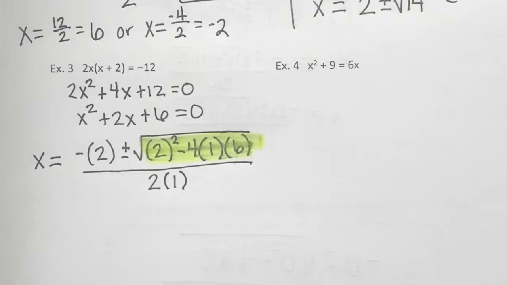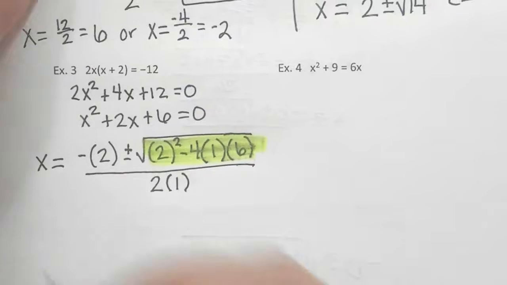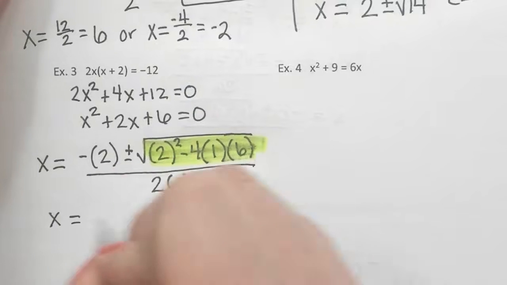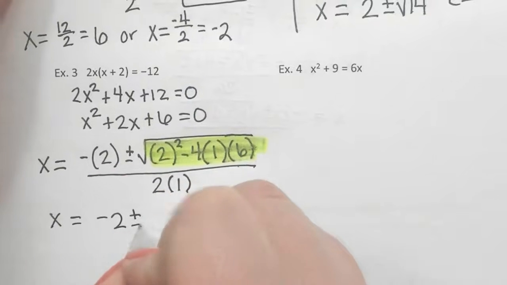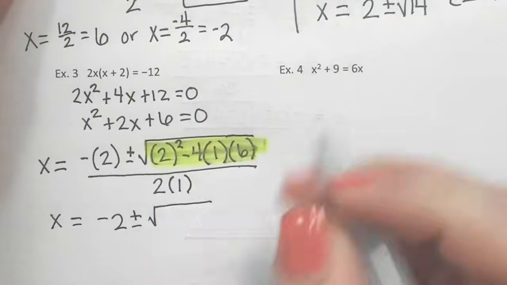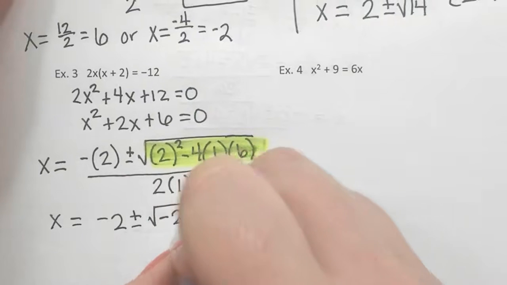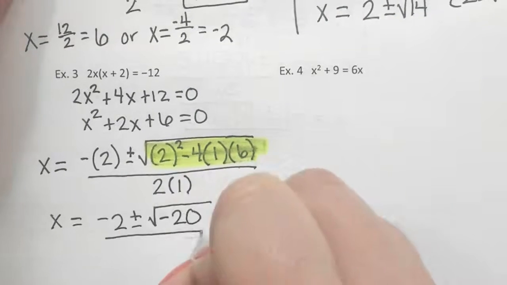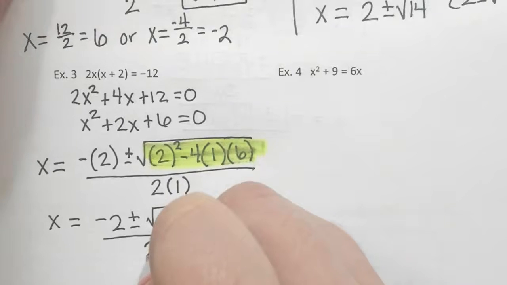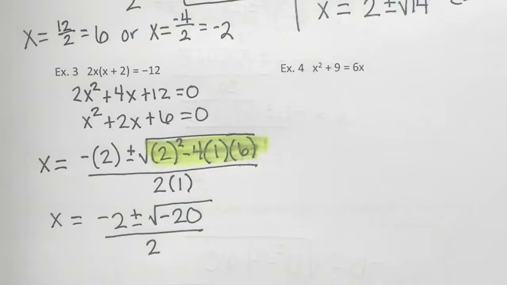And we get negative 20. So negative 2 plus or minus the square root of negative 20 all over 2.